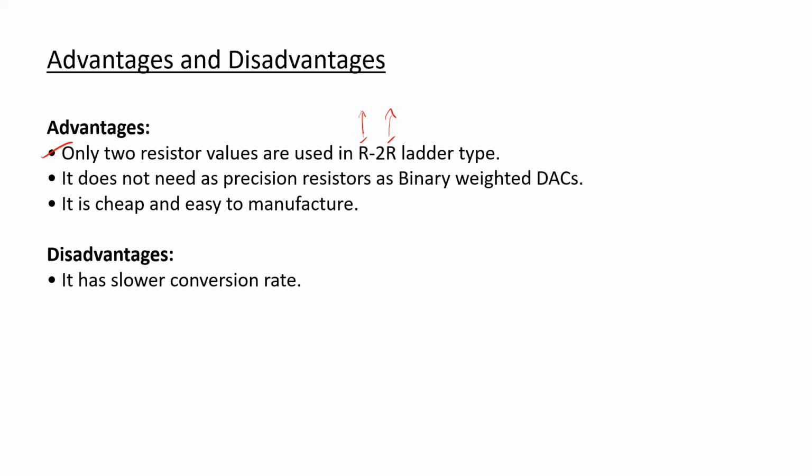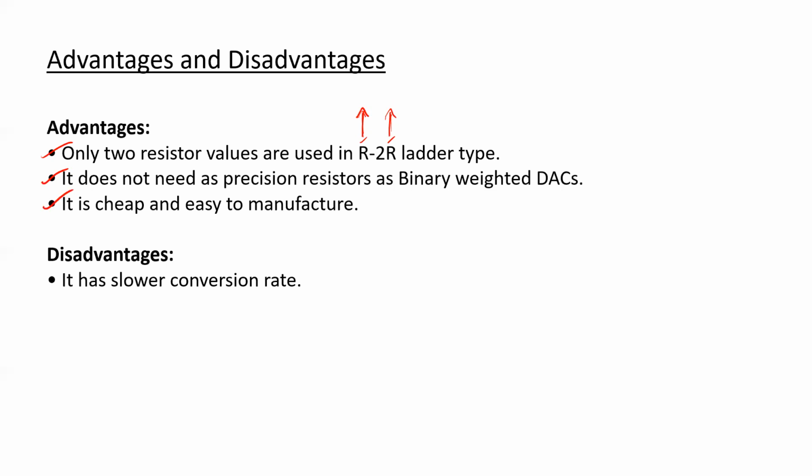It is obviously better to have highly precise and accurate resistances, but even if there is some error, it will not significantly change the output of the DAC. And like I said, only two different values of resistances are necessary, although multiple quantities of these two resistances will be needed. But the same manufacturing technique can be used to have multiple quantities of same valued resistances. So the manufacturing process becomes cheaper and easier.